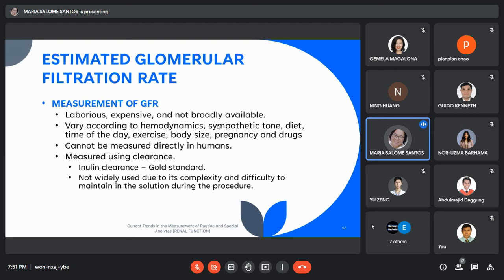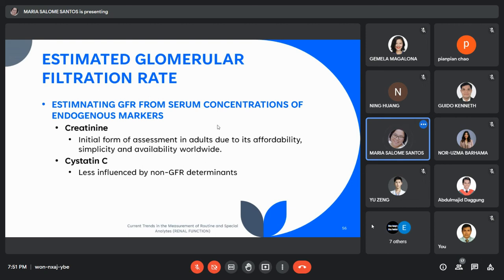And it cannot be directly measured in humans, so it is measured using different clearance methods. And as stated earlier, the gold standard is inulin clearance. It is also not widely used due to its complexity and difficulty to maintain the solution during the procedure.